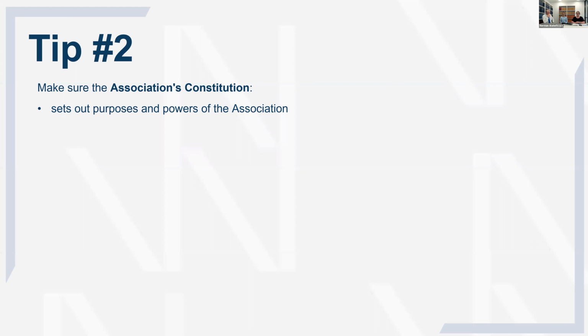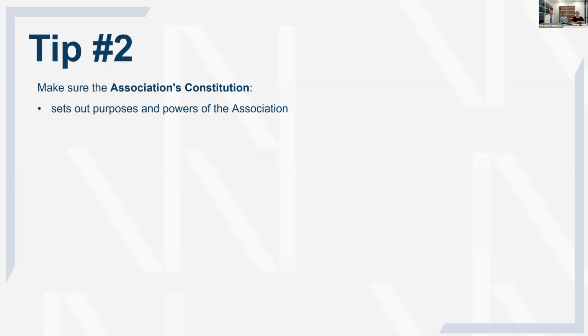You might see in some constitutions a very long list of powers. What we actually prefer to do is have a very short and general statement that the association can do anything that the board considers appropriate or necessary for pursuing the purposes and objects. And it's really important to get that right, first of all, because associations can only be incorporated for limited purposes under the Act.